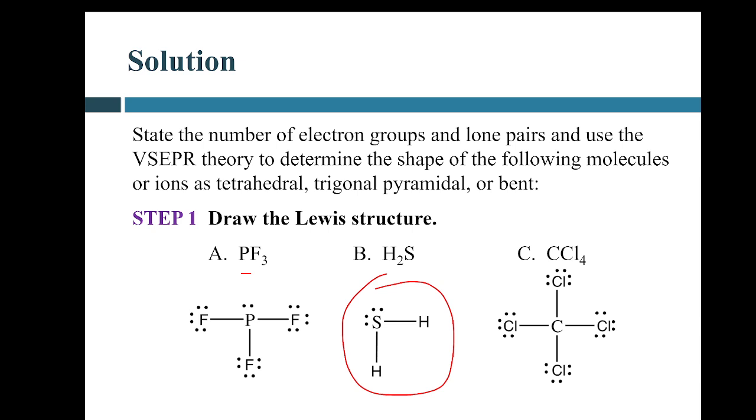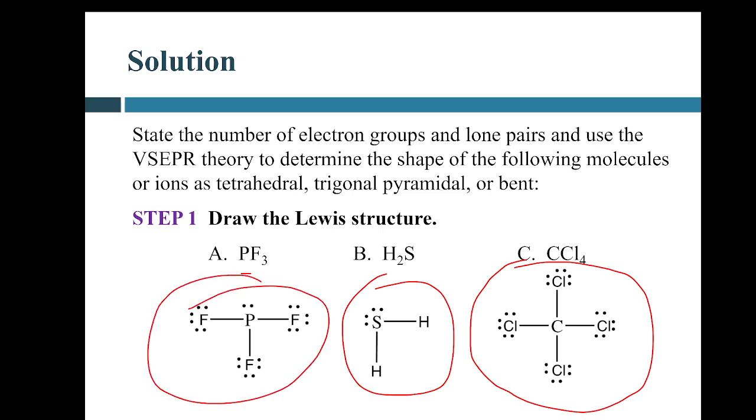How about this one right here? We have a carbon in the middle and 4 chlorines around it. Everybody okay with that one? Number of electron domains for the first one, PF3. 4, exactly. How is it only 4? It has 1 here, 2, 3, 4. Then what about all the ones around fluorine?